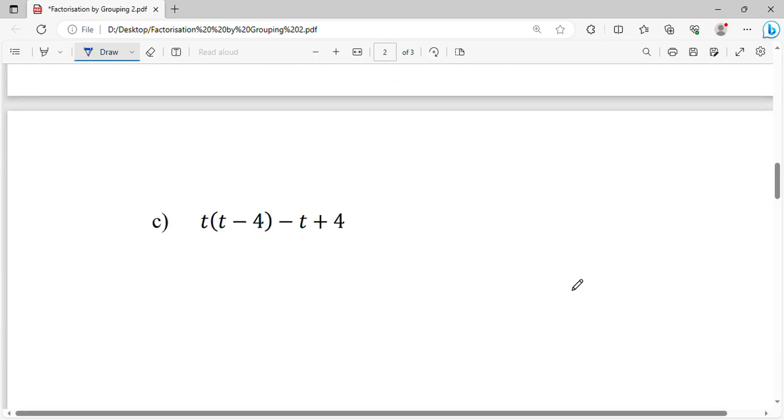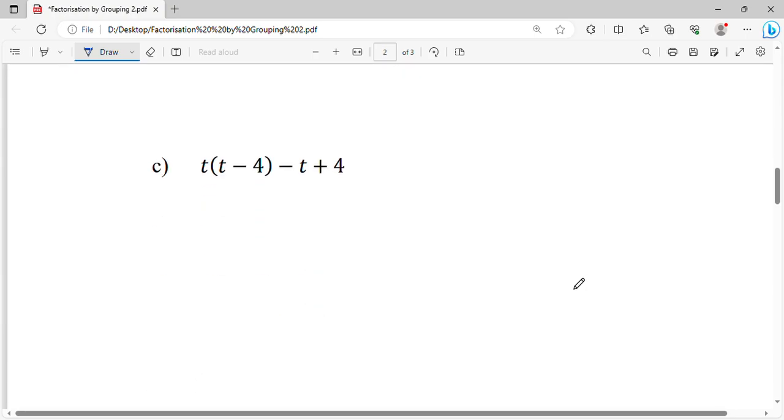Let's look at the next question. Slowly, let's take this as one term and this as one term. I see that there is a t minus 4 here. Is it possible for you to make this also t minus 4? Yes, you will be able to do it, as I told you, if you take out a negative sign. So let me take out a minus 1.